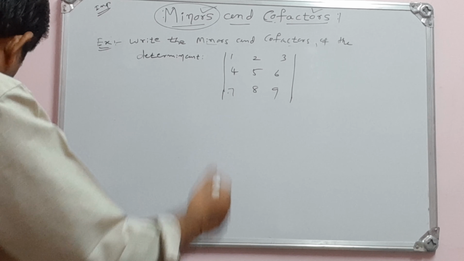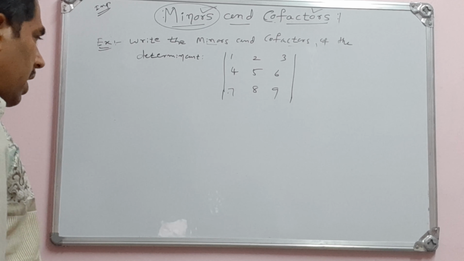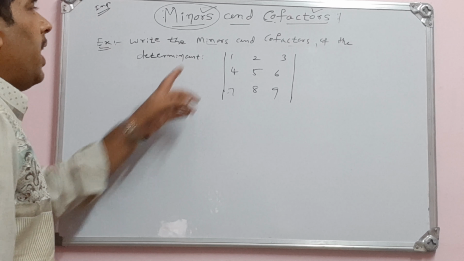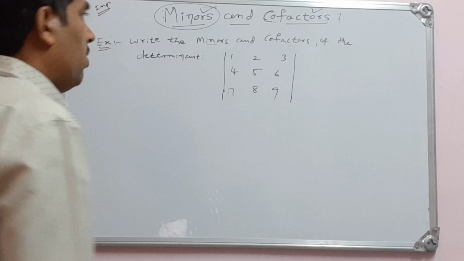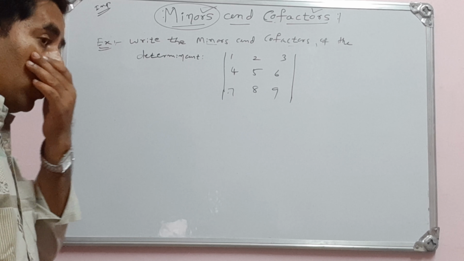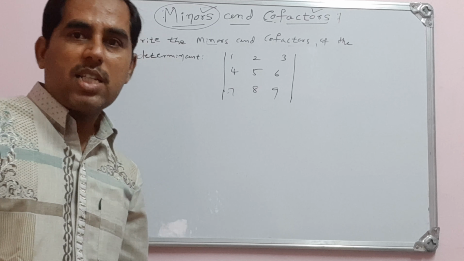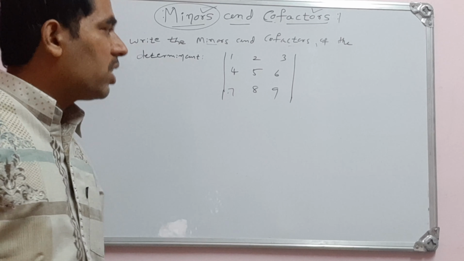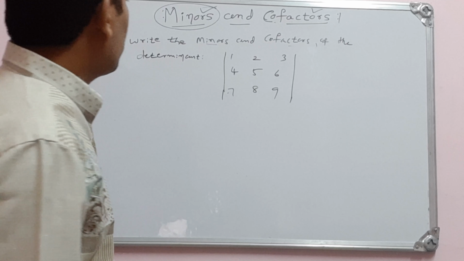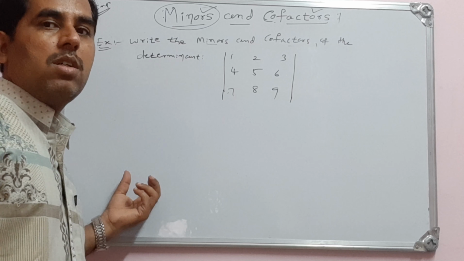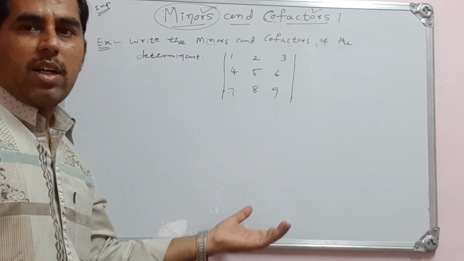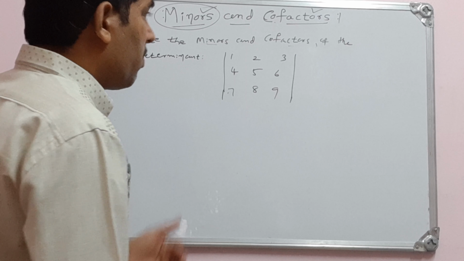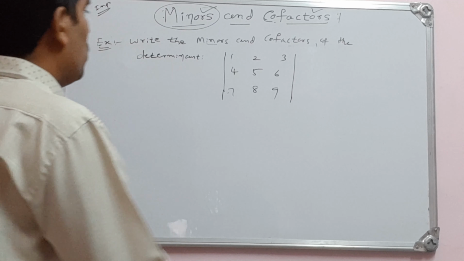Write the minors and cofactors of the determinant. As we discussed in our previous class, we shall do the same procedure here. It is a 3 cross 3 determinant, so we can write the minors separately and cofactors separately. Otherwise, if you want to write it directly, we can do that also.